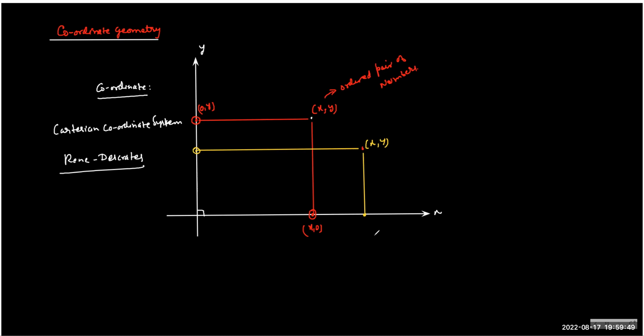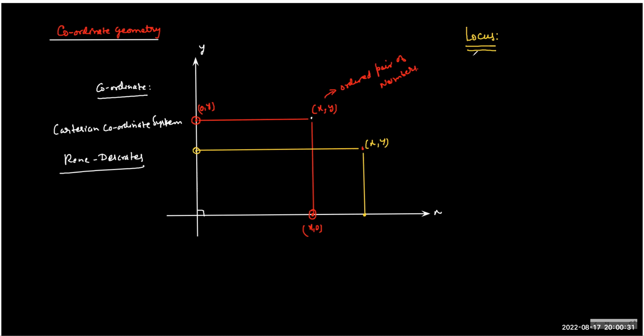So the first thing that we need to understand in coordinate geometry is locus. What is locus? Tell me guys, what is locus? Come on, this is not difficult.